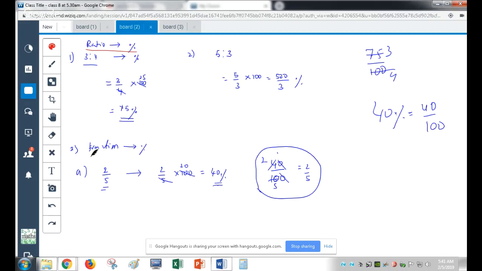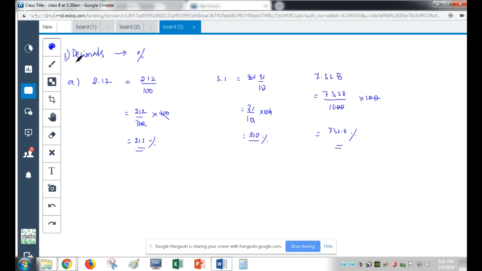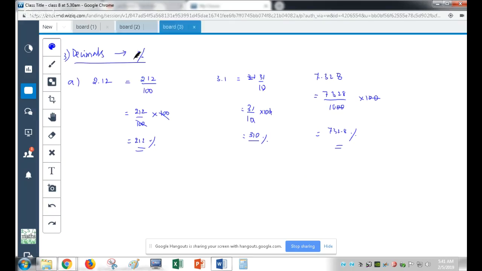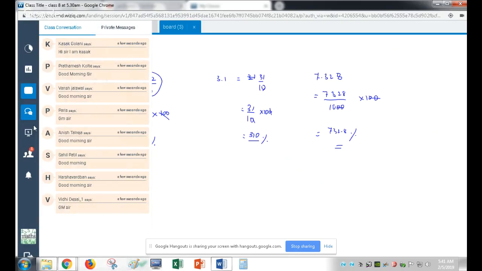In the second case, you have learned fraction to percentage. And the third case, decimal to percentage. In all of them, you have converted everything into a fraction. This is already a fraction. Okay? So now, how do you do the reverse?